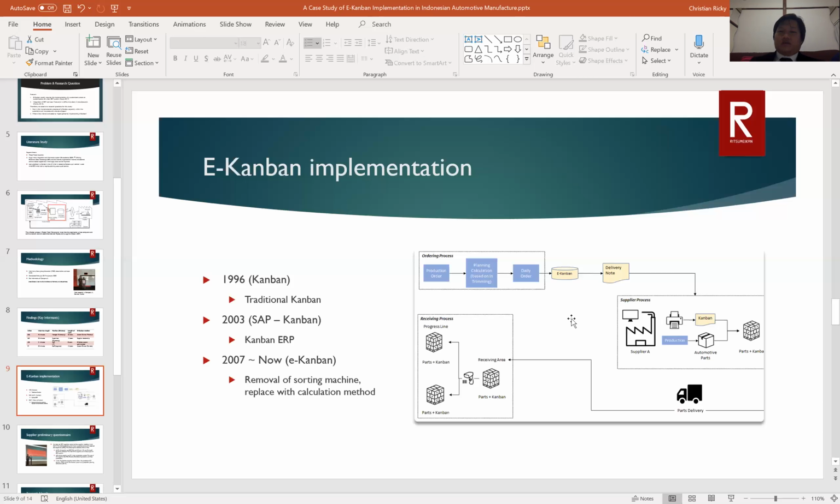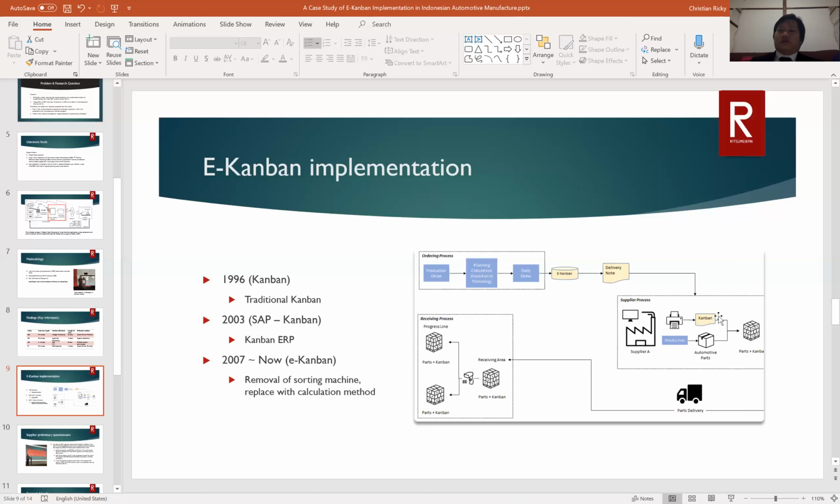Also, the internal Kanban in the production is removed, and they changed the internal Kanban into the picking lamp. This picking lamp is able to give a signal to the warehouse whenever the production has an empty stock.